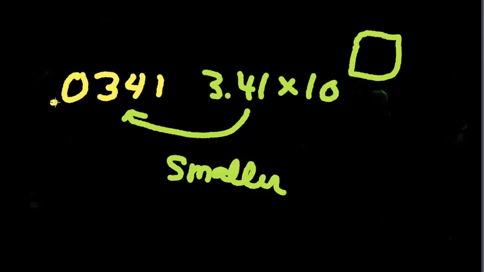Well, I had to move it 2 places in order to get this 3.14. So it's going to be 2, so it's going to be a -2. And remember, important thing here, of course, is the direction in which you consider it. From the scientific notation direction back to the original. Does it get smaller or larger?